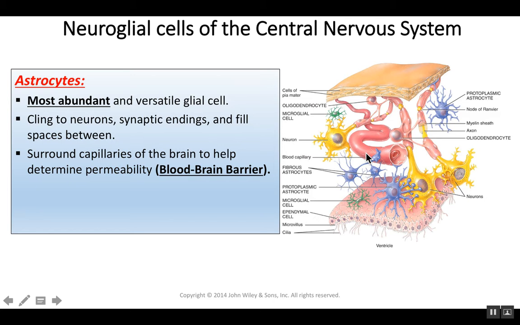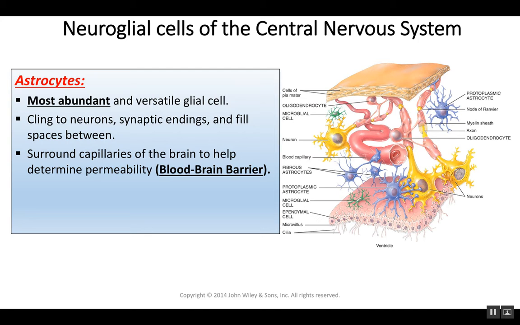So what the astrocytes do is they don't permit as much exchange at the capillaries in your brain as capillaries in other places of the body. We often call the capillaries of your brain tight capillaries, in that certain things that might diffuse from your blood into another organ wouldn't be able to penetrate into your brain.